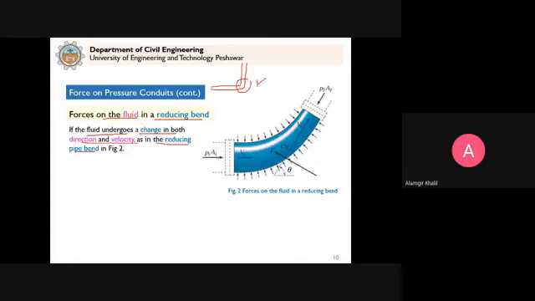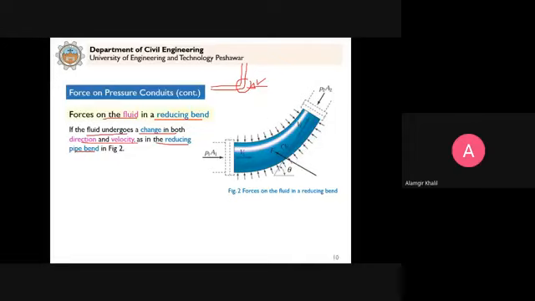Again there will be a force developed, and the force of water on the bend will be equal and opposite to this force. So remember, whenever there is a change of velocity in magnitude or direction or both, forces will be developed.